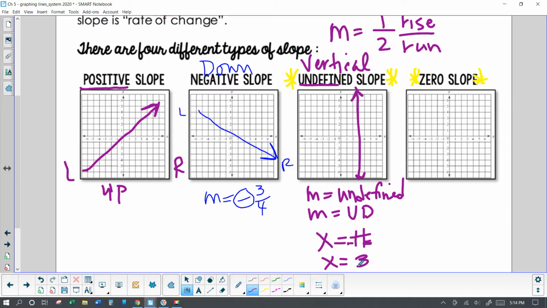The reason for that is because my x-axis, although it runs across this way, all of its values are these vertical lines that run vertically on the graph. All of the x values are vertical lines.